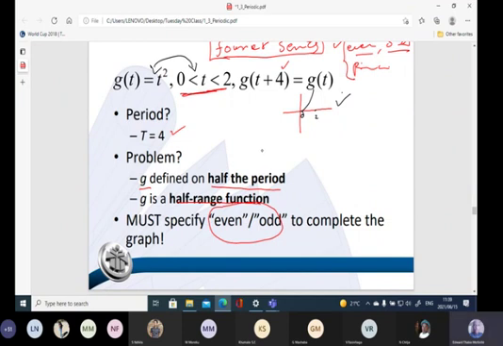Now, they might ask me that the function must be even. So if they are looking for an even function on the period of 4, I'll plot from 0 to 2. I've done that already. Now I'm following this even. How can I plot this function in such a way that I end up with an even function?